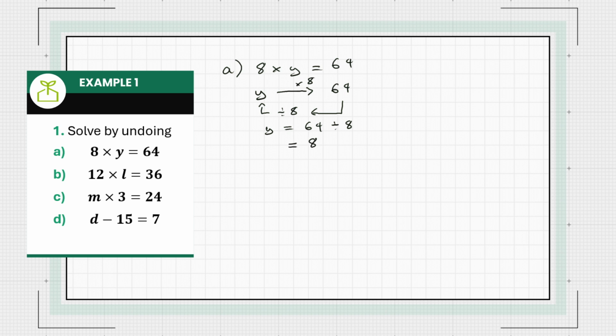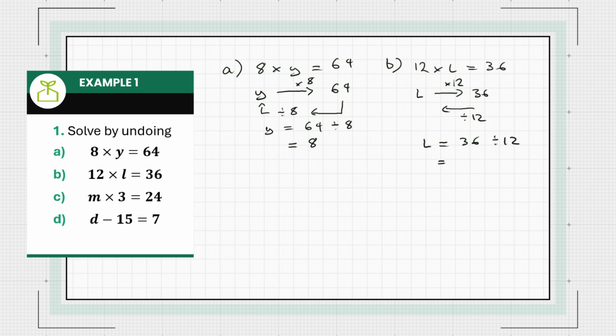Okay, let's look at another one and hopefully it'll make a bit more sense. So if we look at B, we have 12 multiplied by L is equal to 36. So if we started out with L, we've gone to this 36 by multiplying it by 12, which means we can go back to L by dividing 36 by 12. So we can do L is equal to 36 divided by 12.